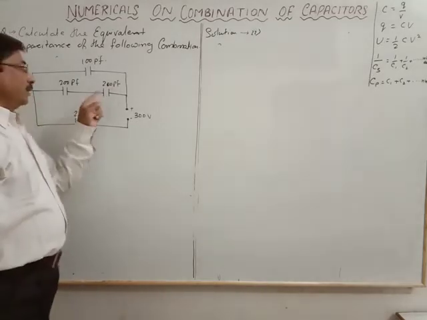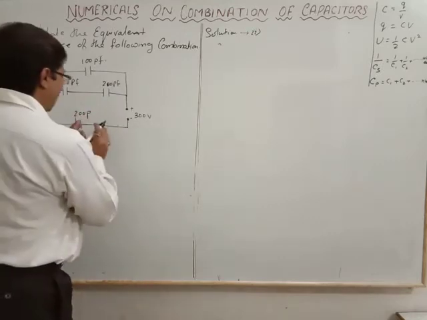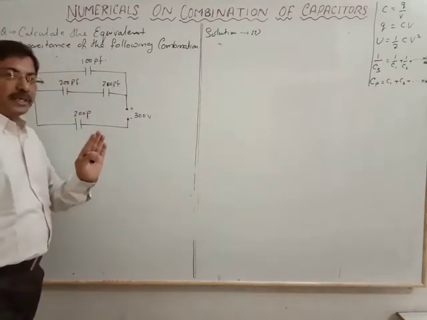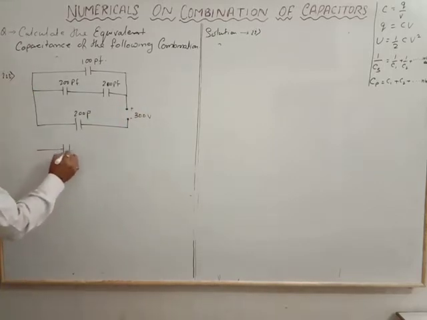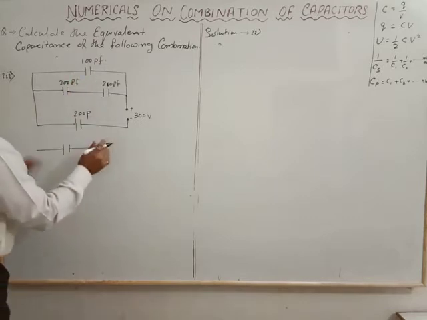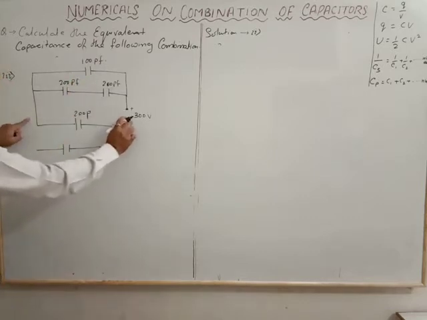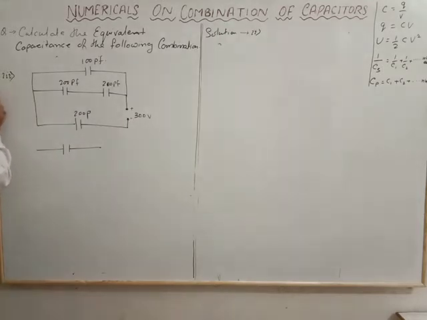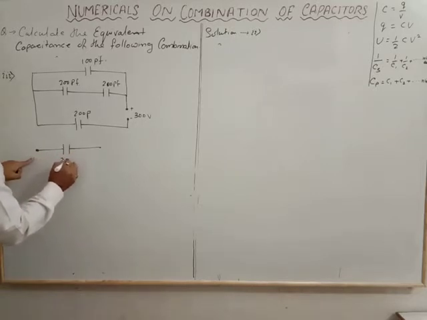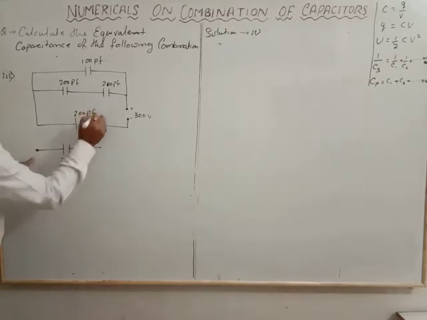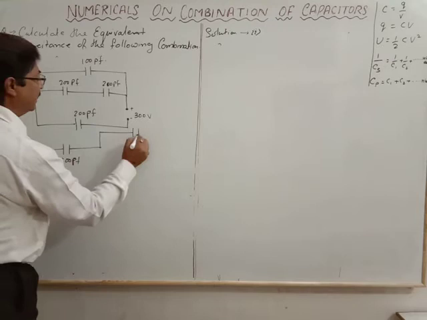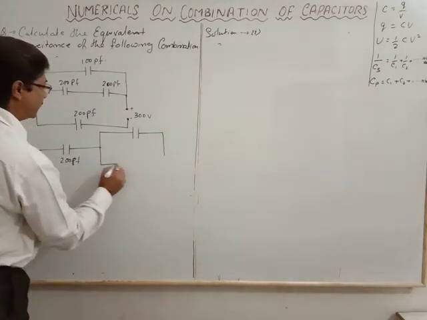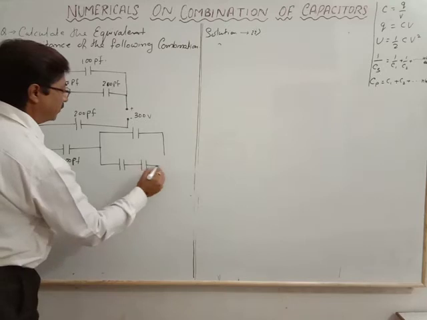Now again we elaborate it for our better understanding. There are two terminals. Now I bring this terminal up to this, so that comes here of the capacitor of 200 picofarad, and this arrangement becomes 100 picofarad, and here there are two capacitors of 200 picofarad.